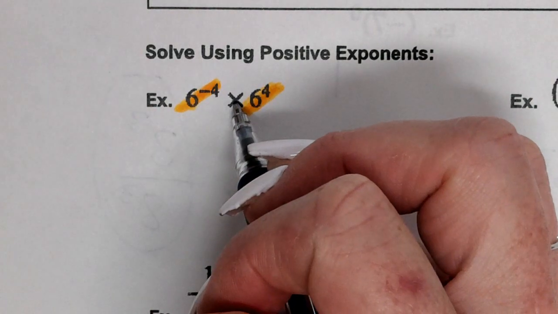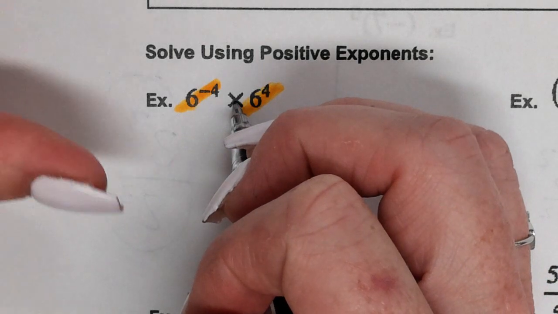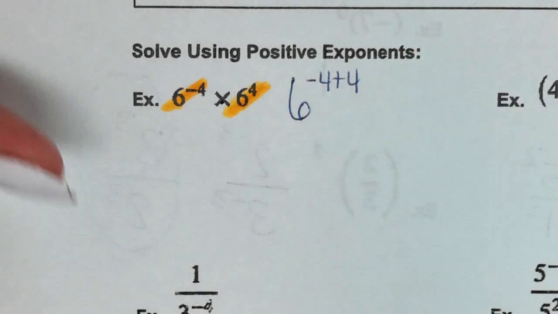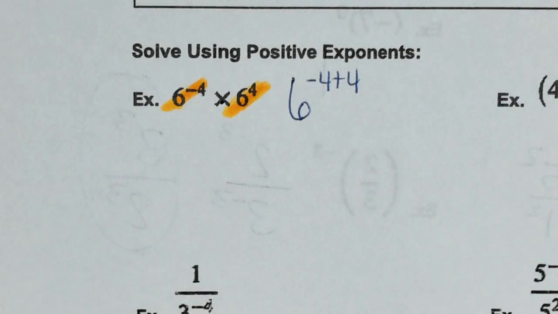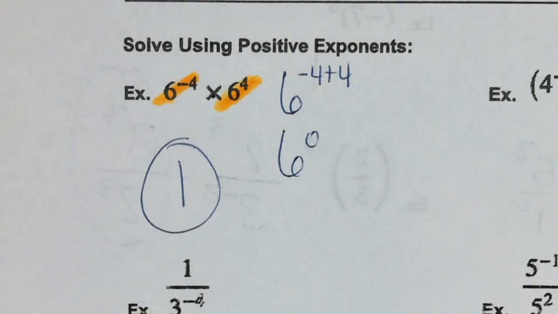When the bases are the same and they're being multiplied, the rule says to do what to the exponents? So I have 6 to the negative 4 plus 4. What is negative 4 plus 4? 0. And anything raised to the power of 0 is simply 1.